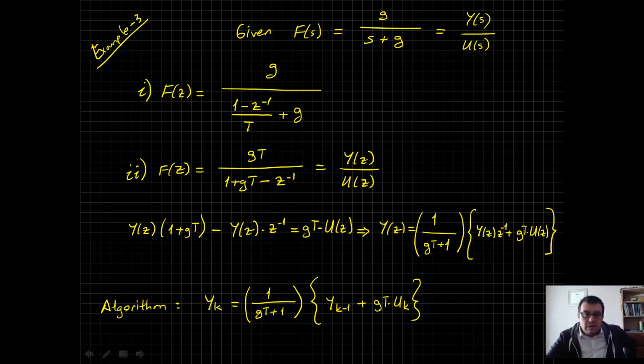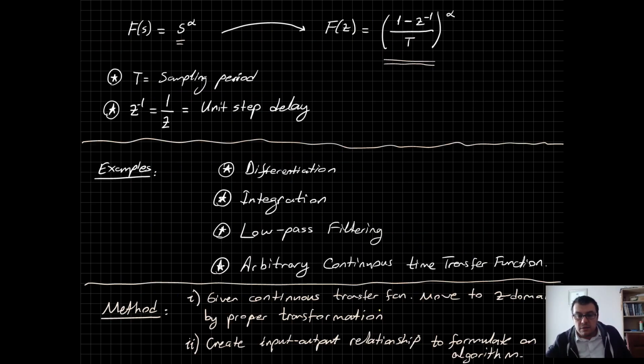So in the last step, I'm going to cover an example where we will have an arbitrary transfer function. So here it is, arbitrary continuous time transfer function. I'll try to make it a little bit more complex for all of you. Example 4. Hopefully I'll be able to solve it.